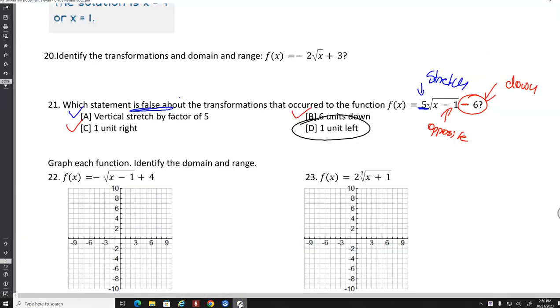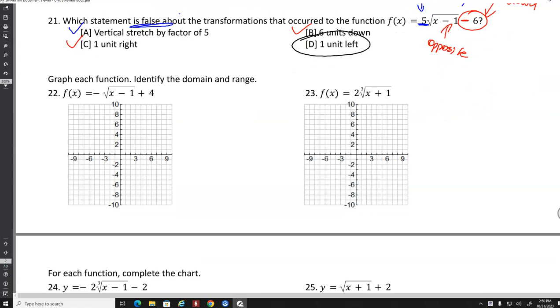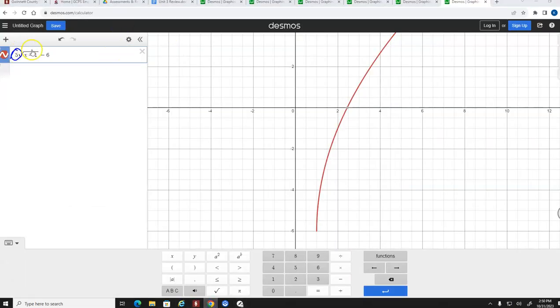All right. Next question. Graph each function, identify the domain and the range. So again, you guys can use Desmos to do that. I'm just going to graph it so you can see what it looks like. For this function right here, it was a negative x -1 on the inside and +4.